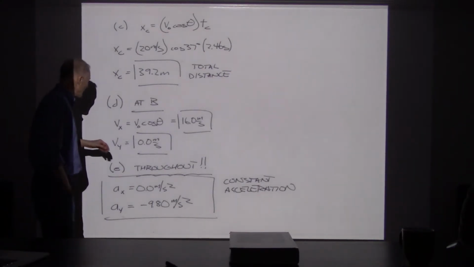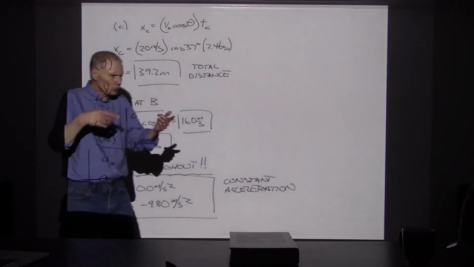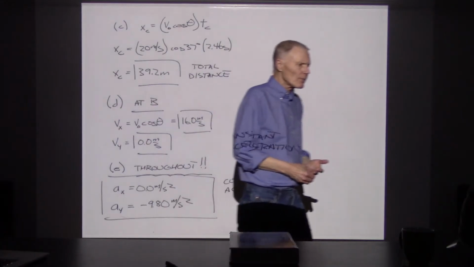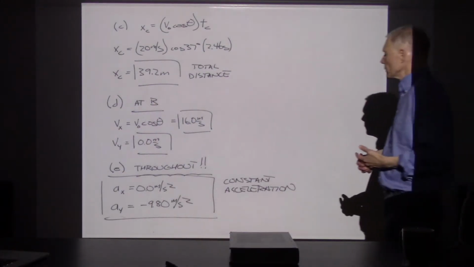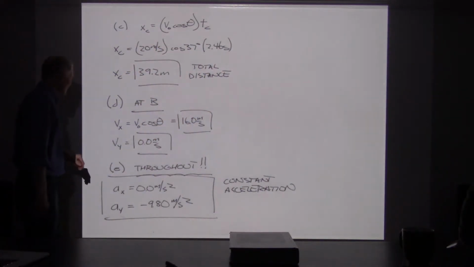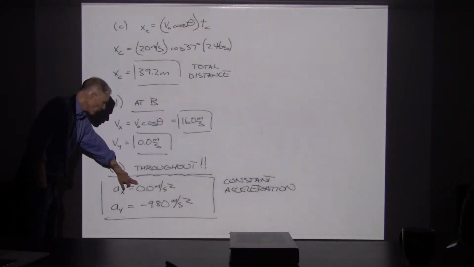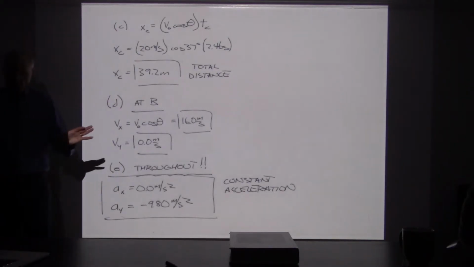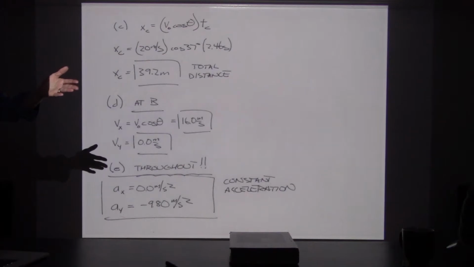Now, what about the acceleration components? Well, the acceleration's constant. They threw in a trick question here. They said, what's the acceleration right at the top? Throughout the entire trajectory, the acceleration in the x direction is 0. We're assuming no air resistance, and so the speed in the x direction, under those circumstances, would be constant.